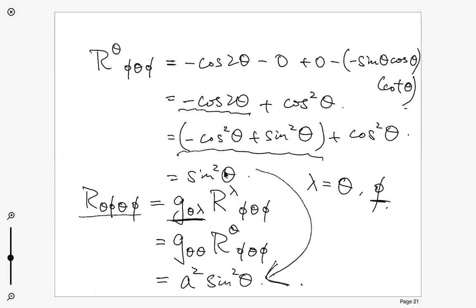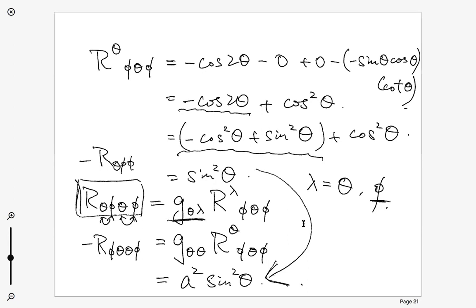And then of course, although it's not included in this question, we can play around with this expression by using the symmetric properties of the Riemann tensor. If you interchange the first two indices, you will get something with a minus sign. Or if you interchange the last two indices, you will also get a minus sign.